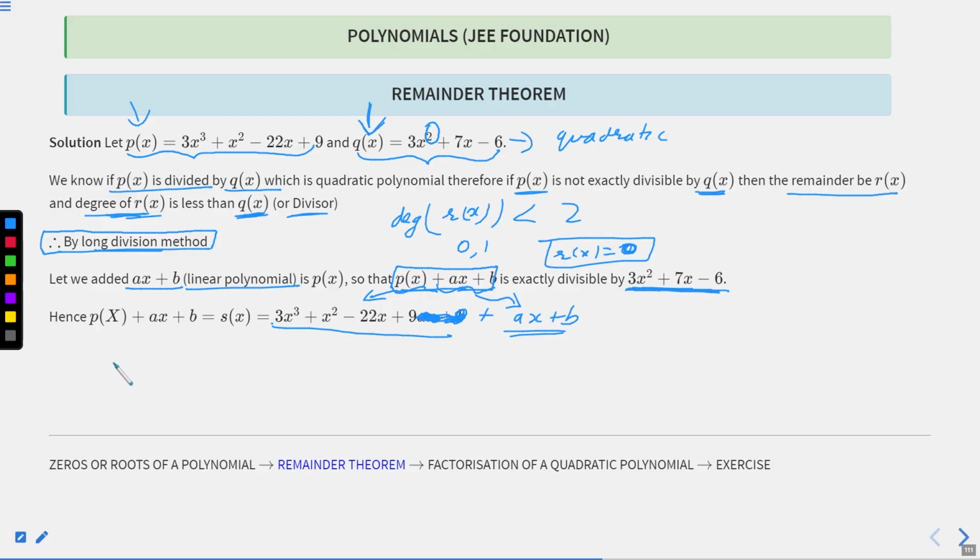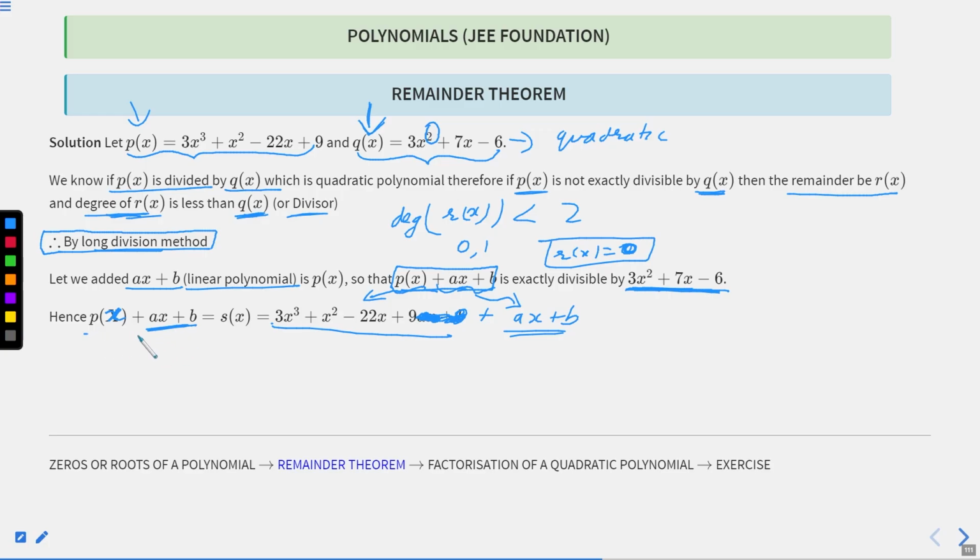So we had p(x), plus now we added this linear polynomial to p(x).